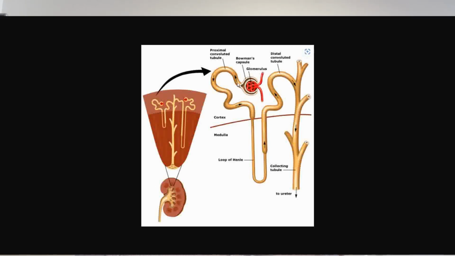And from the Bowman's capsule, you have the tubule. So you have here the proximal convoluted tubule. So tubular reabsorption of water and conserved molecules usually occurs as the fluid moves down this tubule. There is reabsorption of nutrients, important molecules that are still needed by the body.